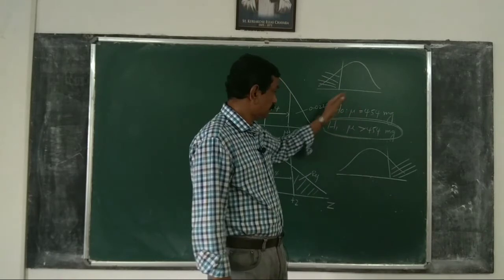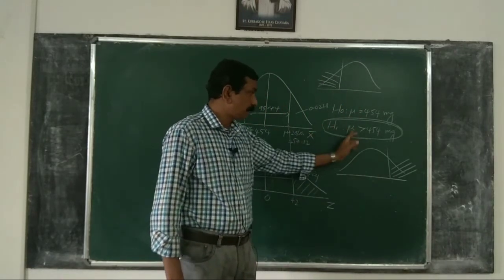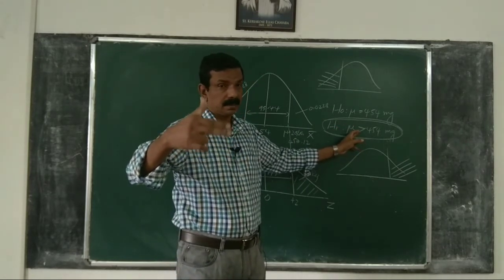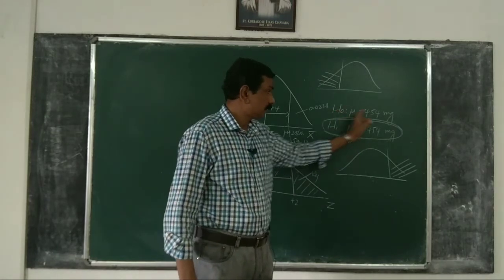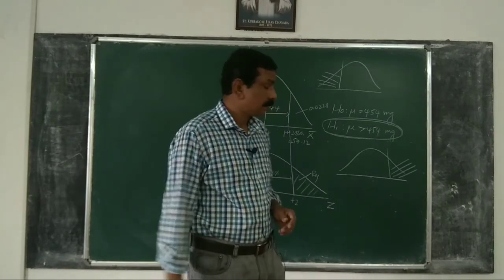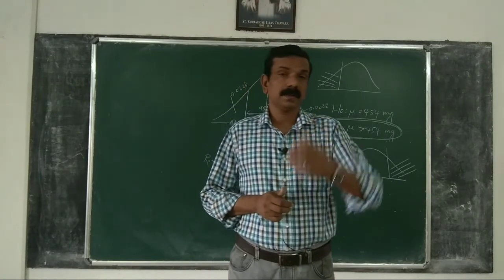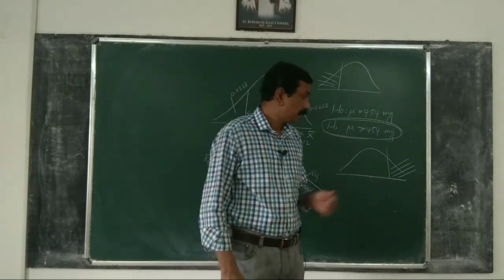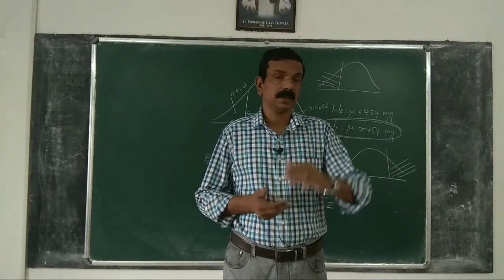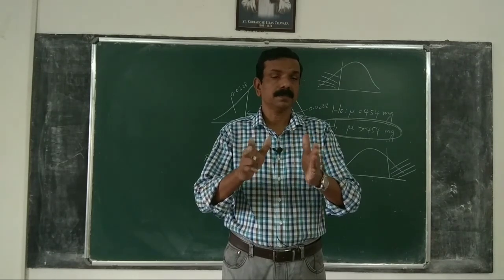So we have a left-tailed test, right-tailed test, or two-tailed test depending on whether the alternative hypothesis is not equal to, less than, or greater than what is stated under H0. So remember these terminologies: acceptance region, rejection region, critical values, right-tailed test, left-tailed test, and two-tailed test. These are some of the additional terminologies we use in the context of hypothesis testing.